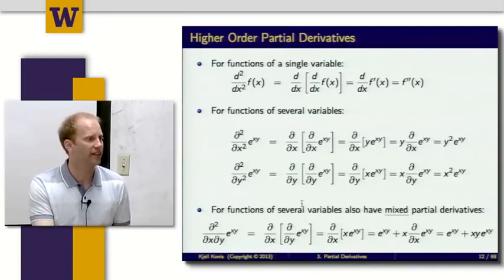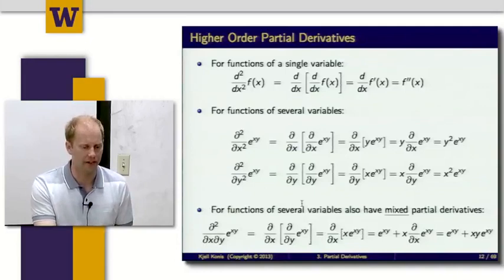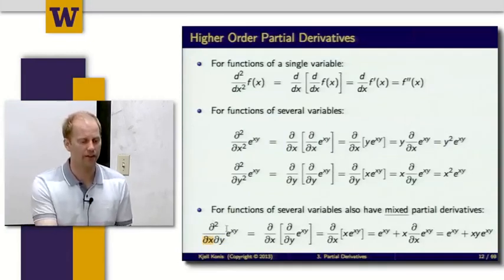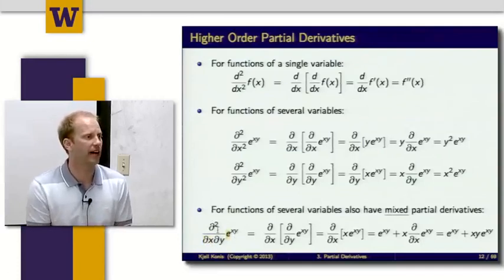Except when I repeat, I can take the partial derivative with respect to a different one of the variables. So in this case, I'm going to take the partial derivative first with respect to y, and then with respect to x. You can think of this as an operator, and the part that's closest to the function is going to happen first.